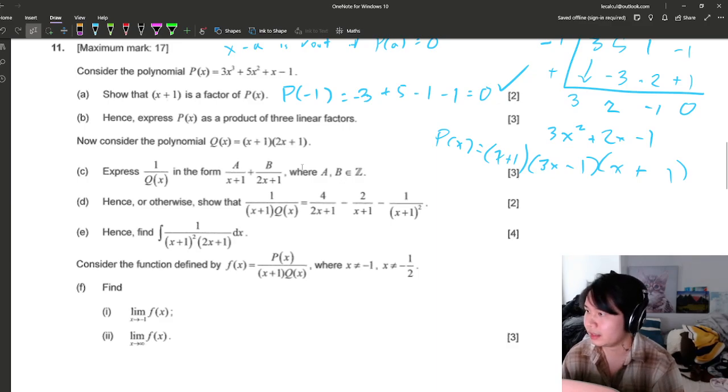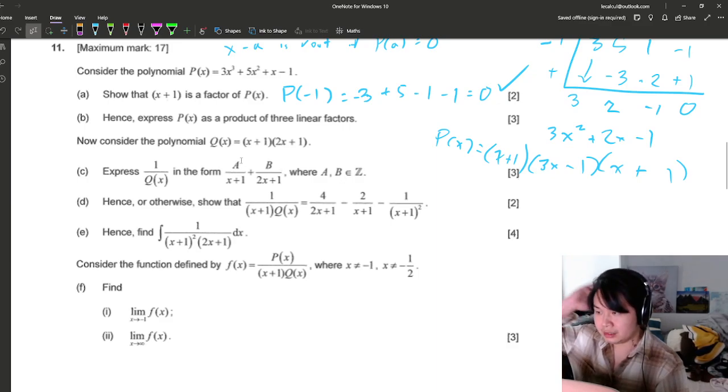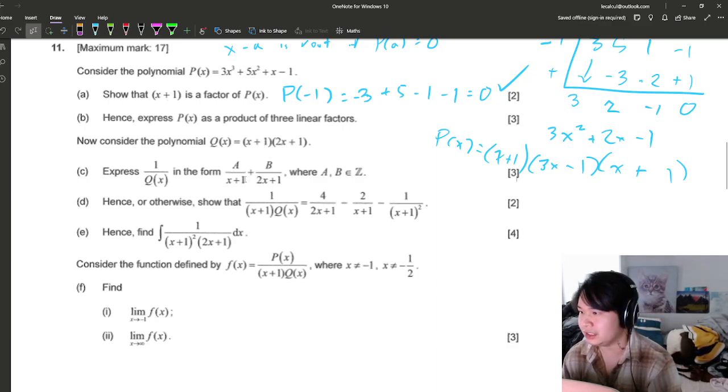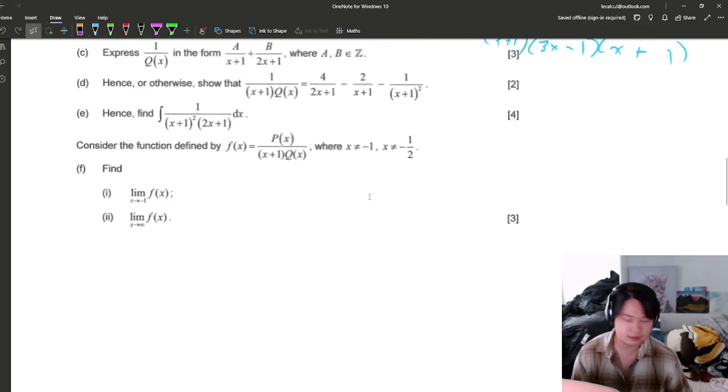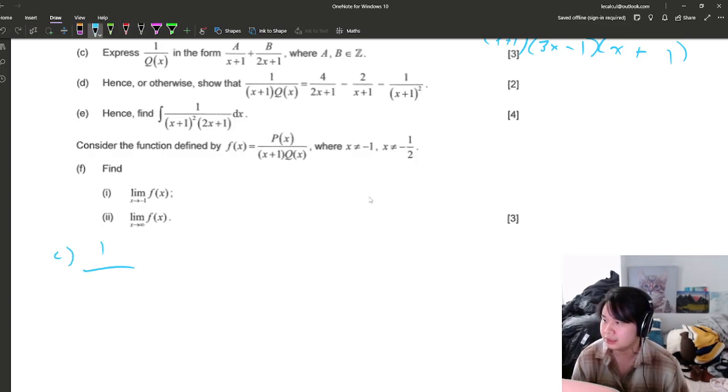Okay. Then we are going to consider a different polynomial, q, which is these two, and then express 1 over q in this form. Okay, so for c, we're going to do partial fractions. So 1 over q, and I'll just write what it actually is. It's x plus 1 times 2x plus 1. We're going to do an equation.